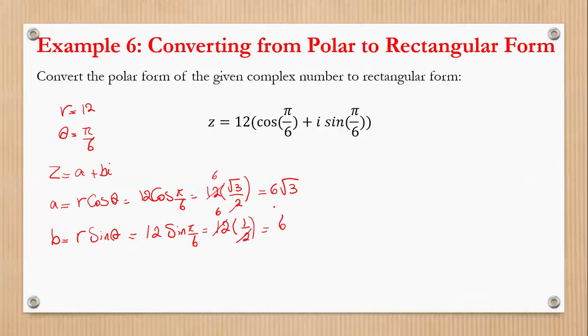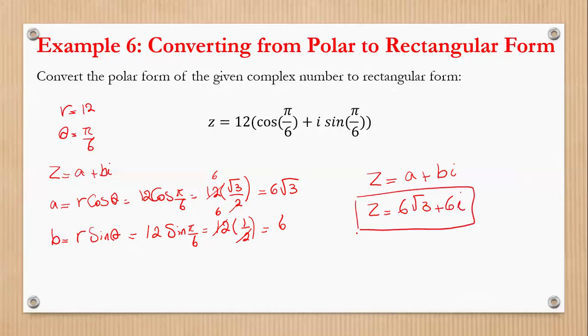Now, after finding A and B, we can write the number in complex form, which is Z equals A plus BI. So it is 6 root 3 plus 6I.